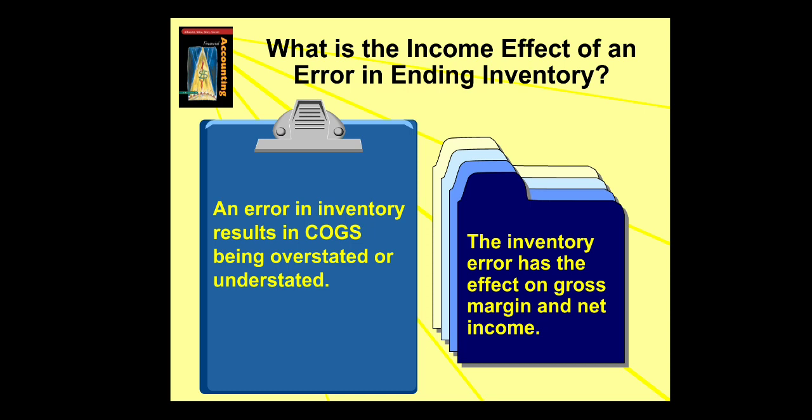If the cost of goods sold of a business is lower than what it's supposed to be, then the profit shown in the income statement will be higher than it's supposed to be.